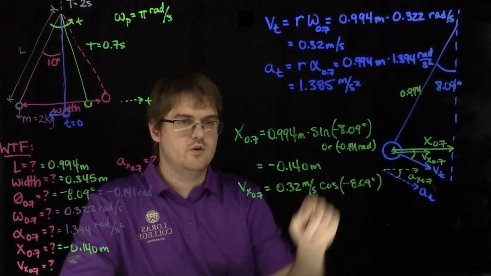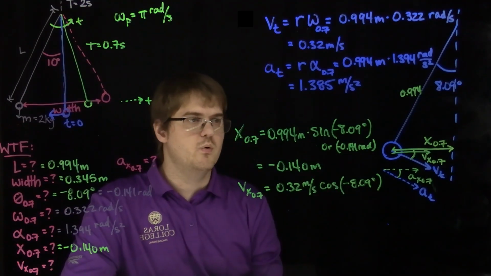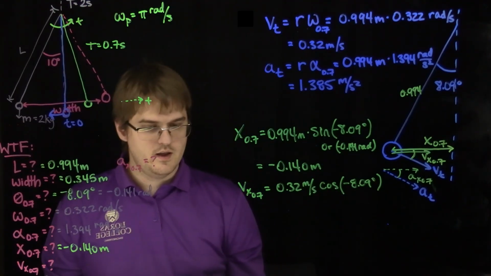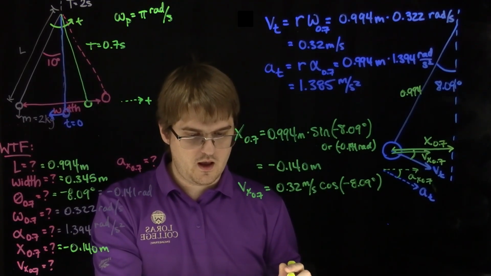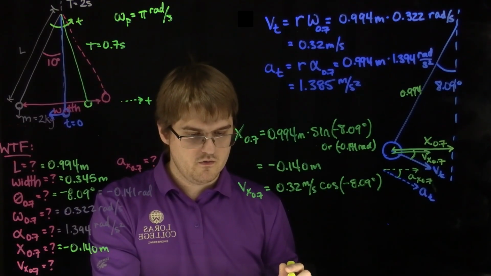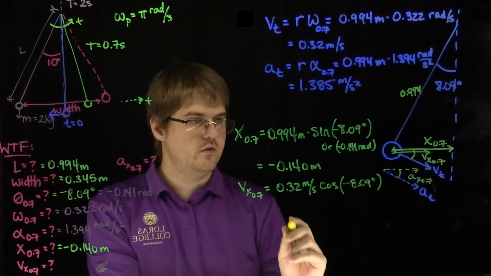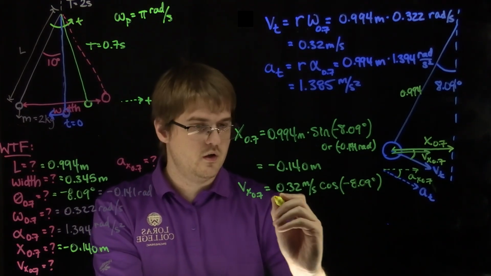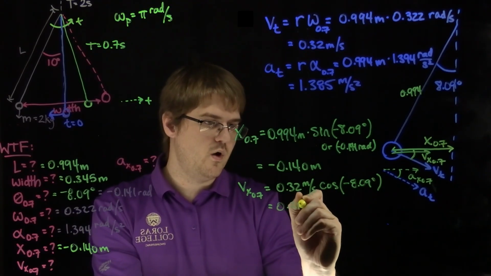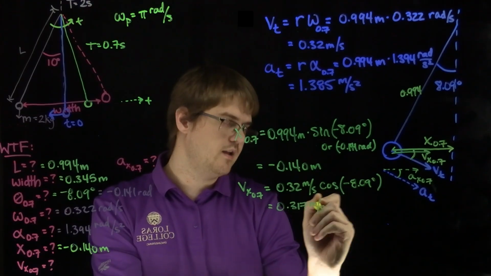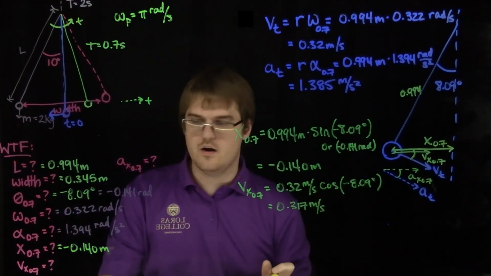If we wanted to use it in radians, we would have 0.141. And that value gives me a velocity of 0.317 meters per second, positive because we're going to the right there.